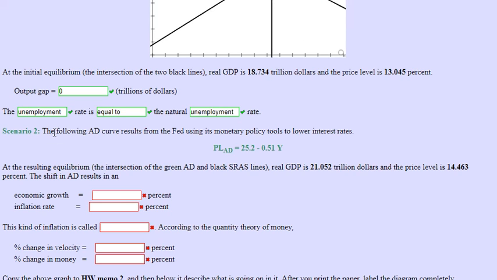In scenario 2, the aggregate demand curve, this one here, results from the Fed using its monetary policy tools to lower interest rates.